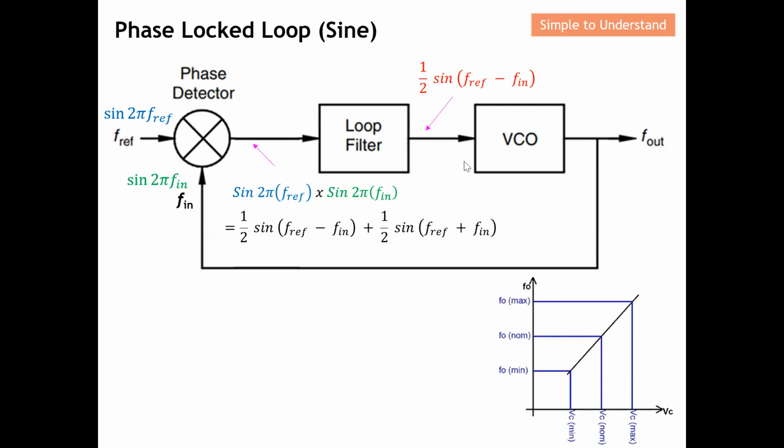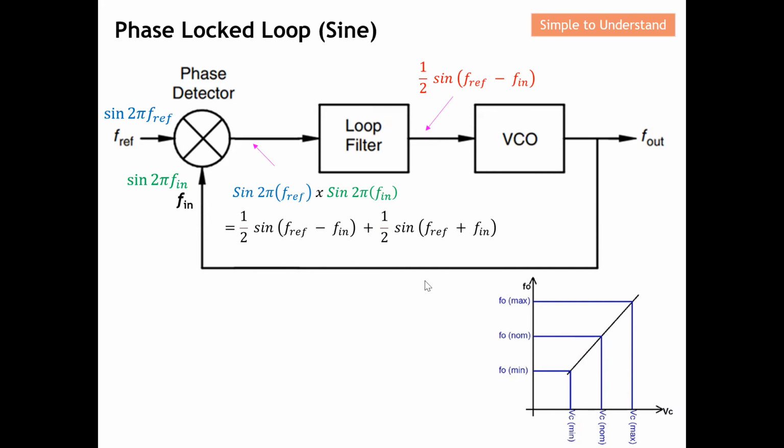So the output of the loop filter is fed into the input of the VCO, and if F reference is bigger than F in, then this will be the scenario, and based on the voltage value, another set of frequency will be generated at the output of the VCO. Again, this will continue, and they will do the phase detection again.